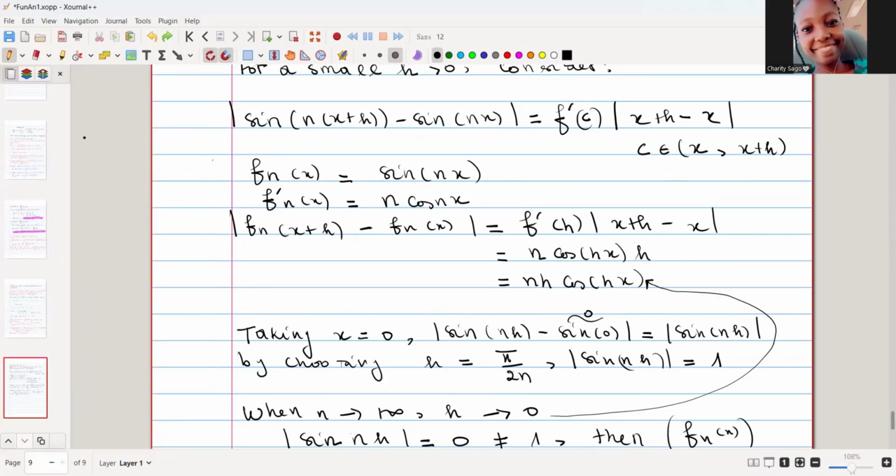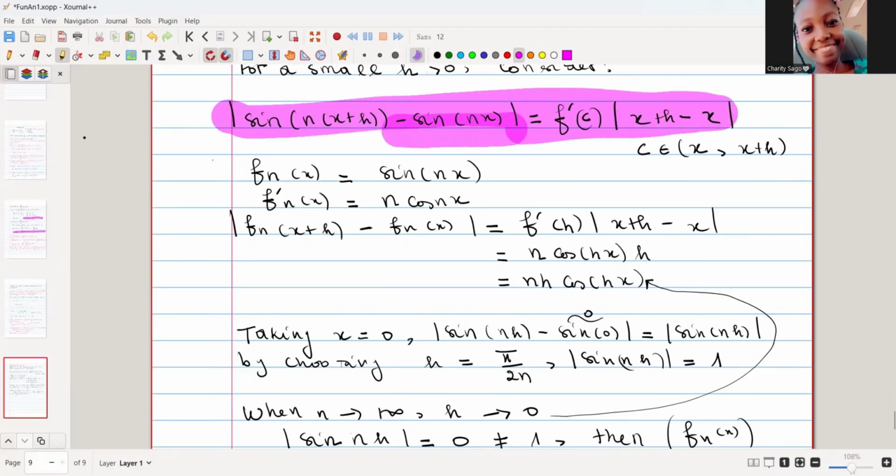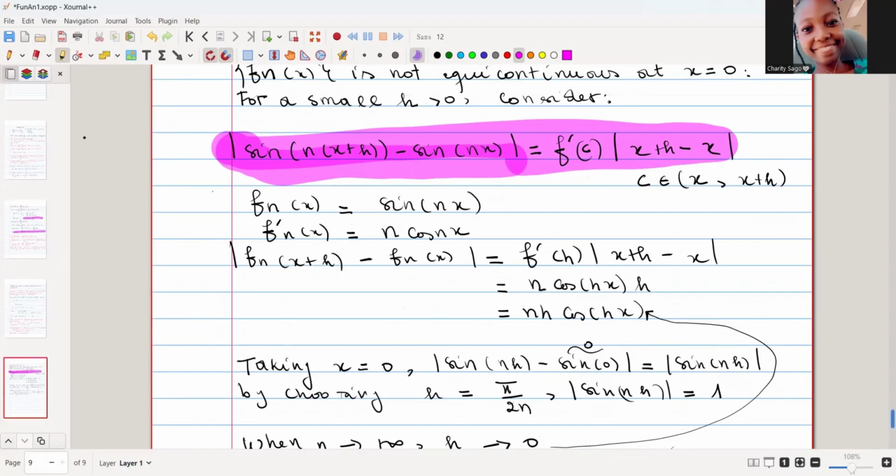Now, we found out that when you have this, if you take x equal to 0 and you replace here, you are going to have this result.